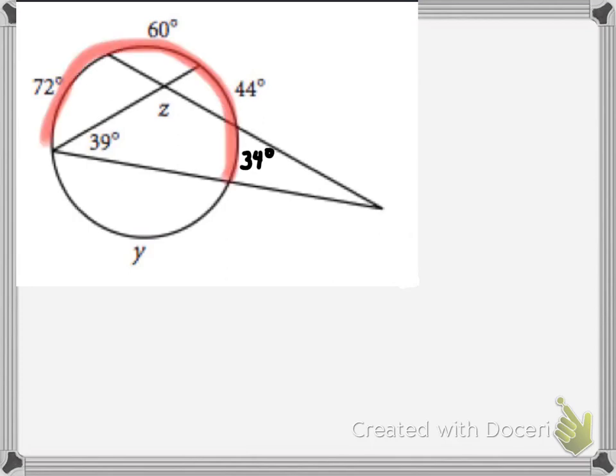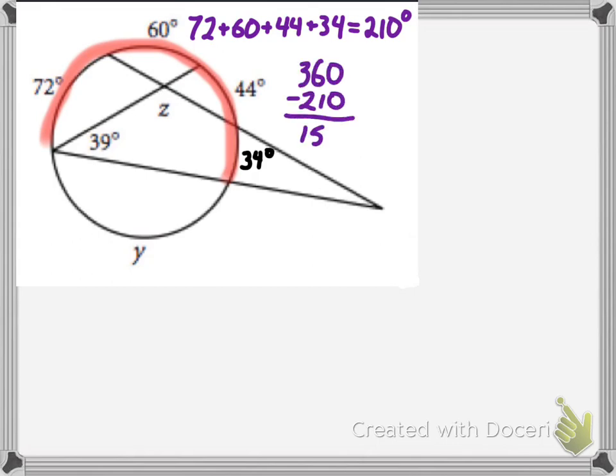Now, I want to find something else. Now I need to find y. If I know basically all of the circle apart from y now, and I know a circle is 360 degrees, so if I add up those 4 arcs that I know so far, that's 210. So what do I have left?